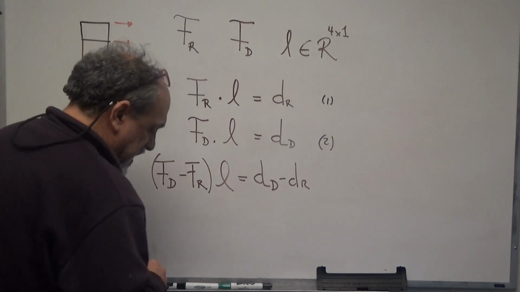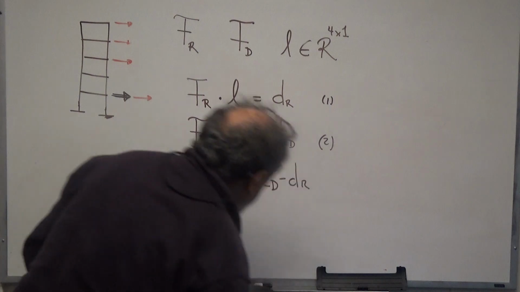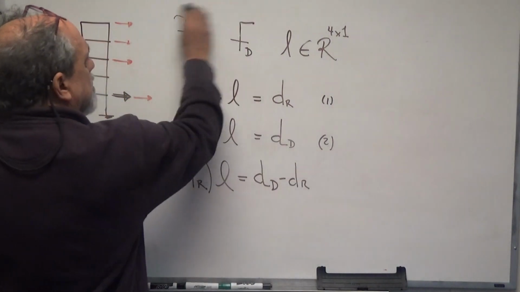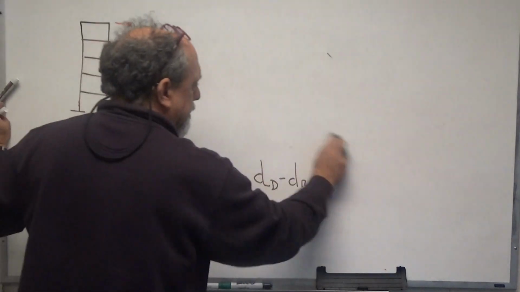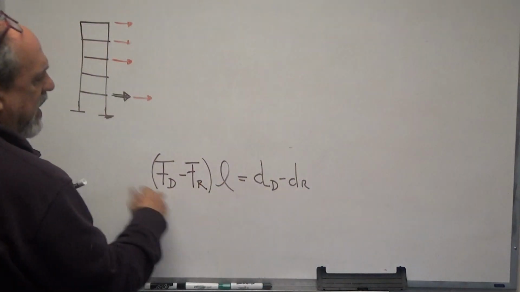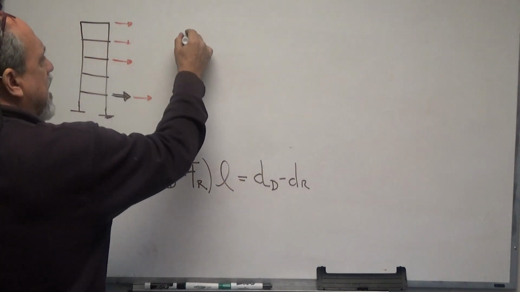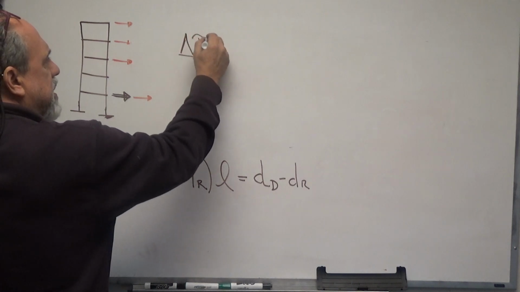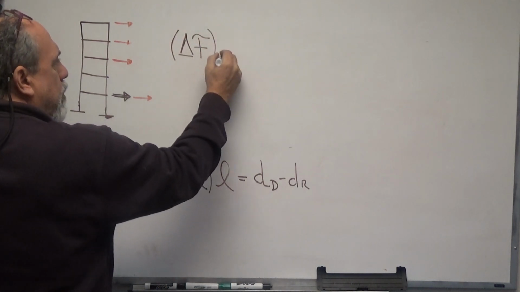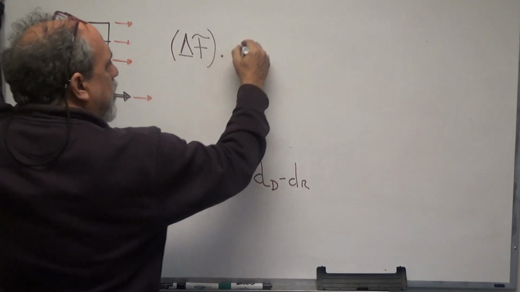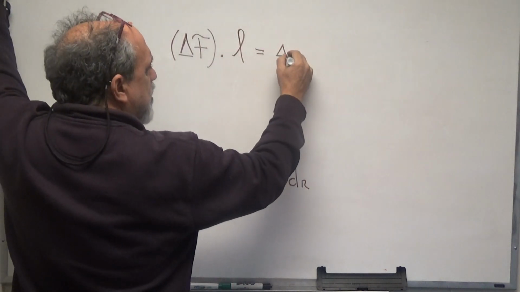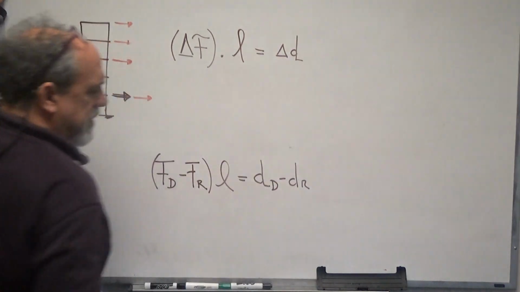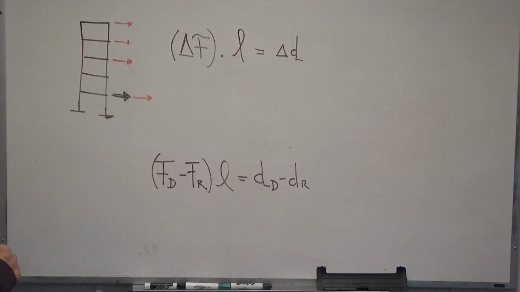Now, this means that this here, which is the change in the flexibility, multiplied times whatever load we decided to apply, is equal to the change in the observed displacements, right? Okay, so far so good.